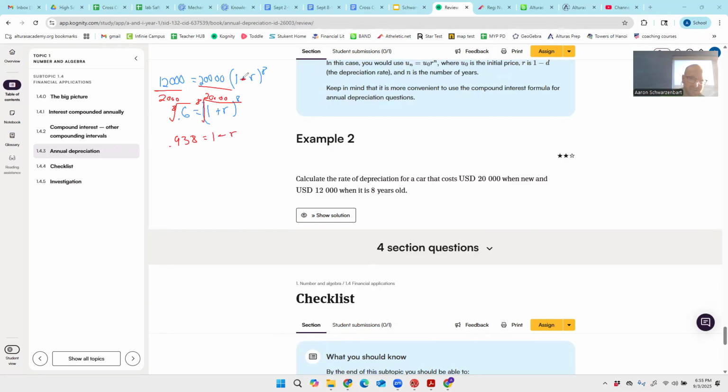This is depreciation. I should make this a minus. And I subtract 1, I get negative 0.0619 equals negative r. So my depreciation rate is 6.19%, which would be very good if you could actually keep a car depreciate that slowly. Okay, that is it for 1.1.4.